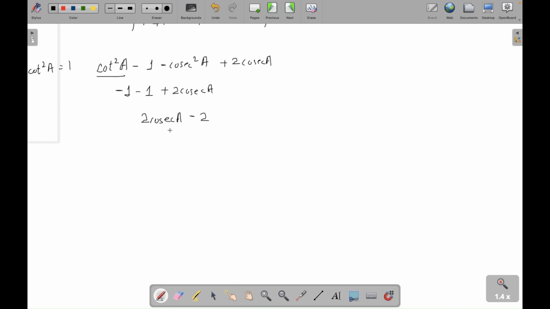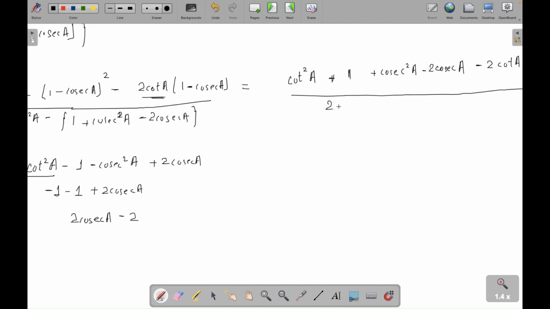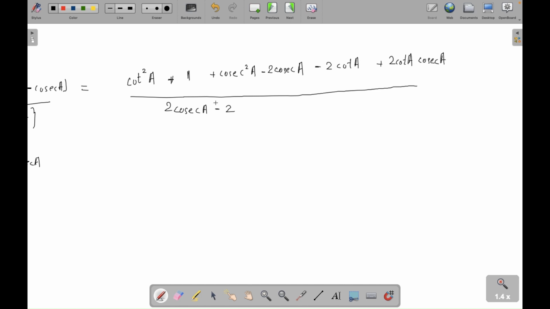So this is the denominator. Now what we have in the numerator is cot square A plus 1 plus cosec square A minus 2 cosec A minus 2 cot A. Because we have to eliminate this cosec A minus 2, it is better that we write everything in terms of cosec so that we can take out common terms and then eliminate this.